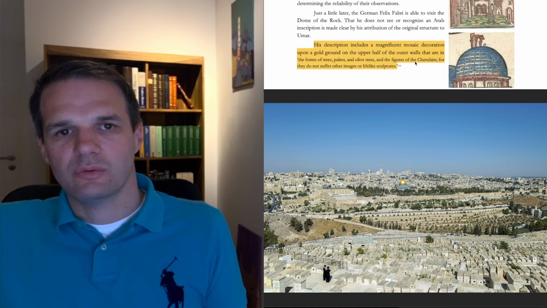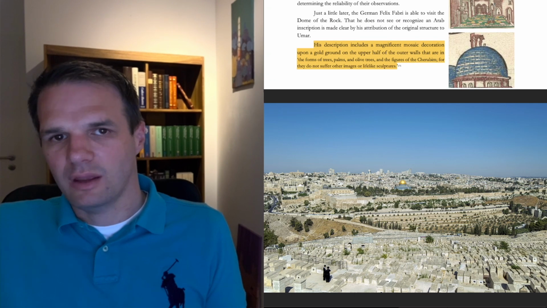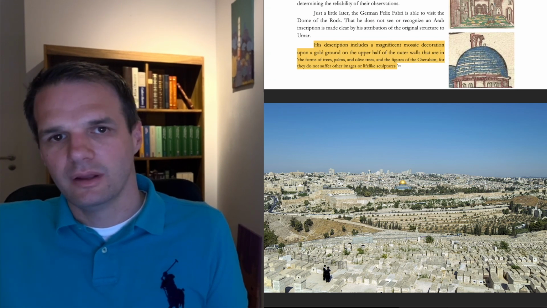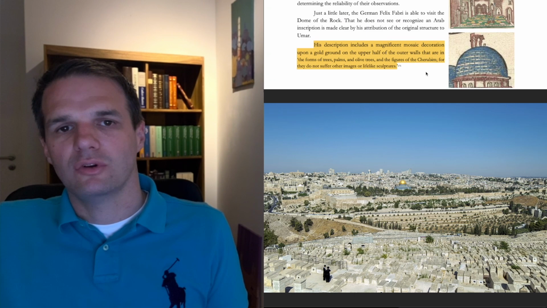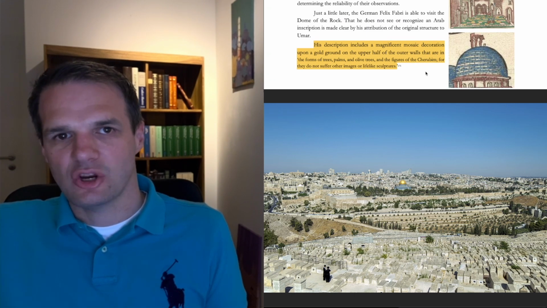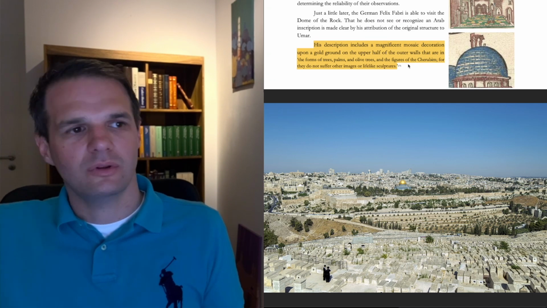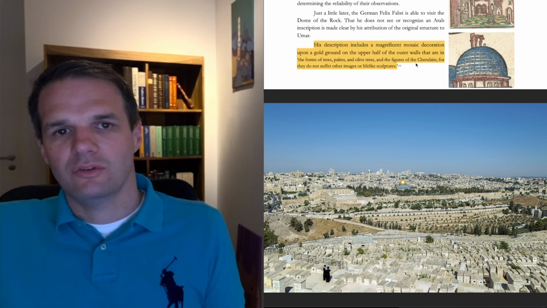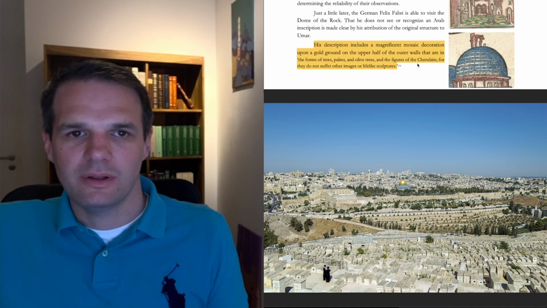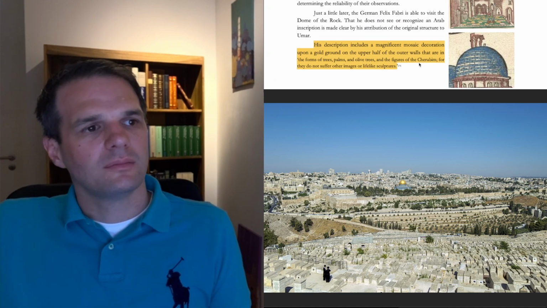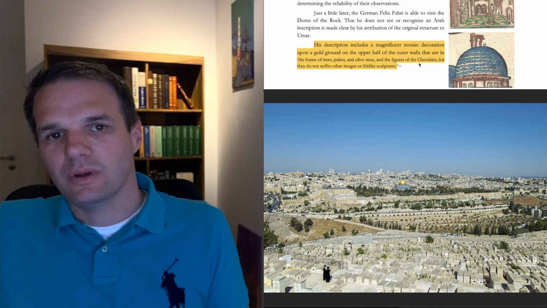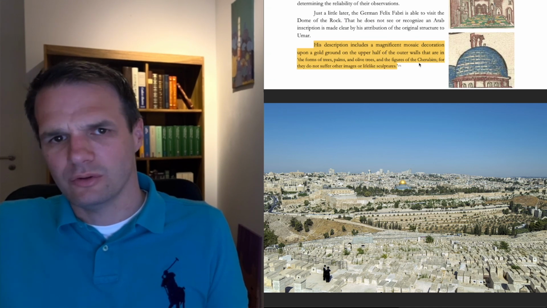Were there ever cherubim on the dome? At the end of the day, we don't know, but it's highly unlikely. It is said about the Temple of Solomon, the original temple, that it had cherubim. So it's possible that he interpreted that into what he saw, or maybe this is just a reference to biblical stories. Be that as it may, we can't answer this, but there probably weren't cherubim.